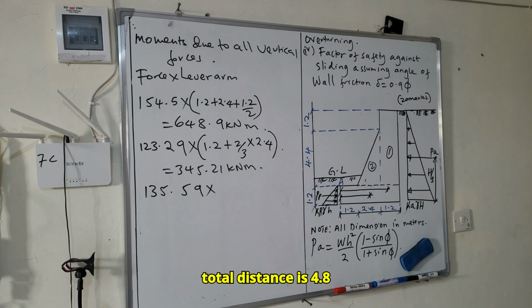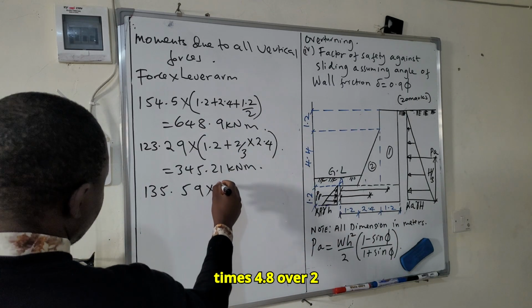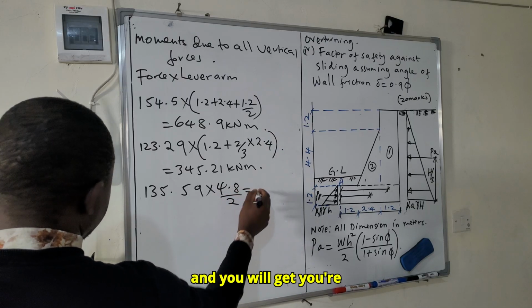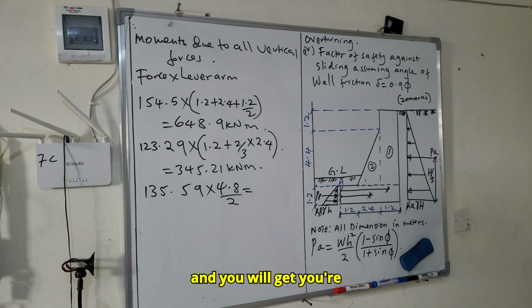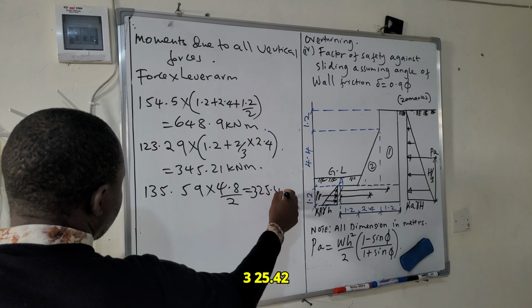The total distance is 4.8, times 4.8 over 2, and you will get your answer as 325.42 kilonewton meter.